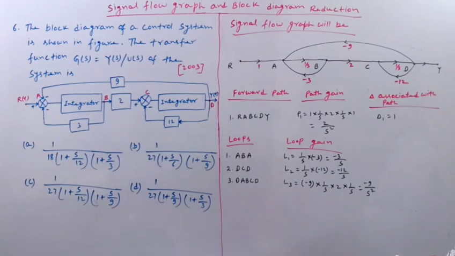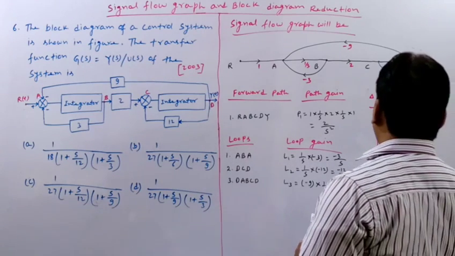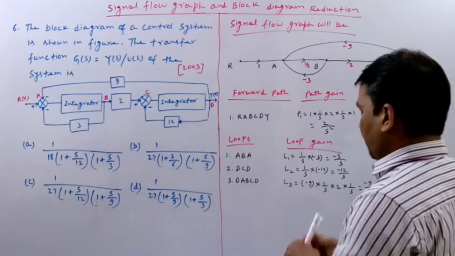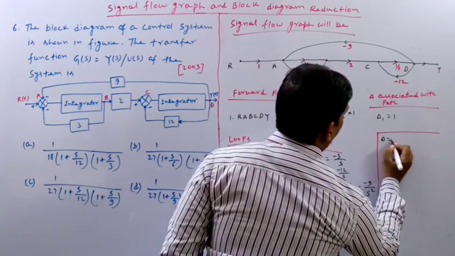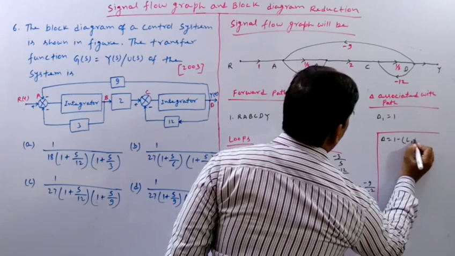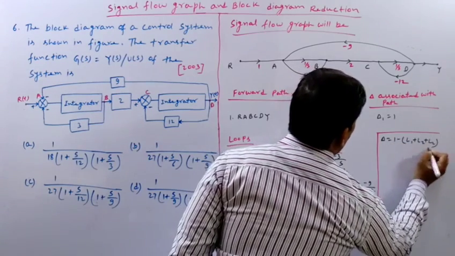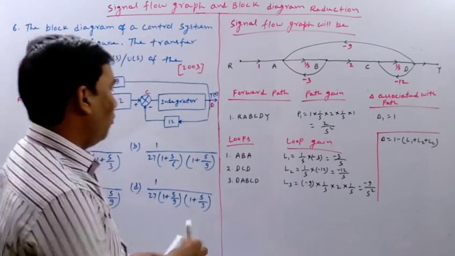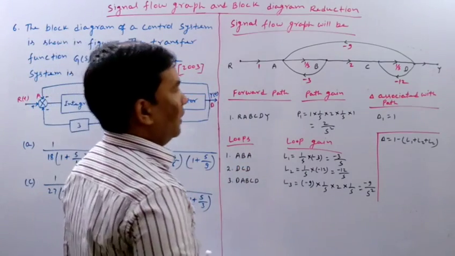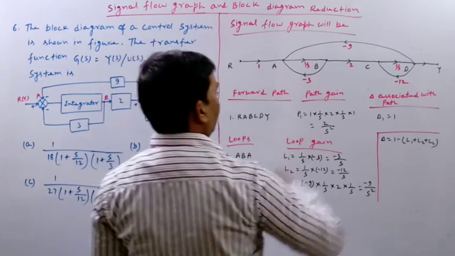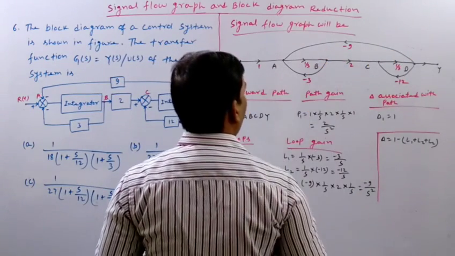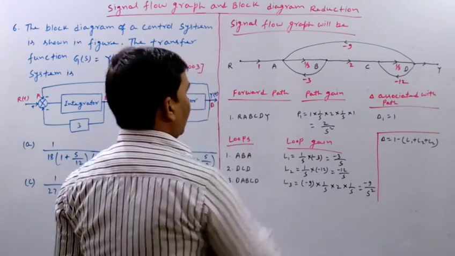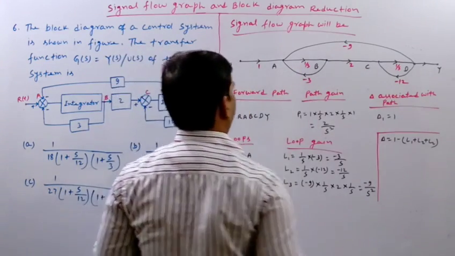Now what is delta? Let me write here delta. So delta will be nothing but 1 minus L1 plus L2 plus L3, because all loops are touching each other. These 2 loops are touching, these 2 loops are also touching, but these 2 loops are not touching.